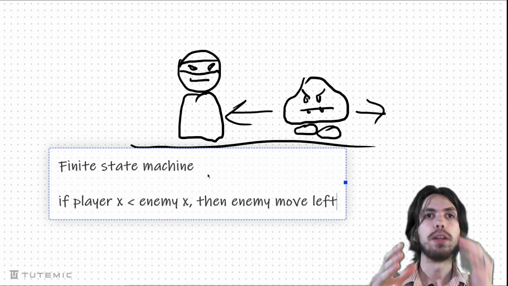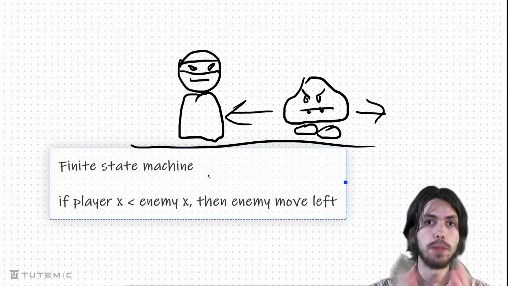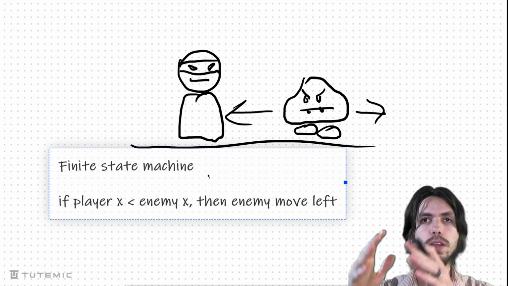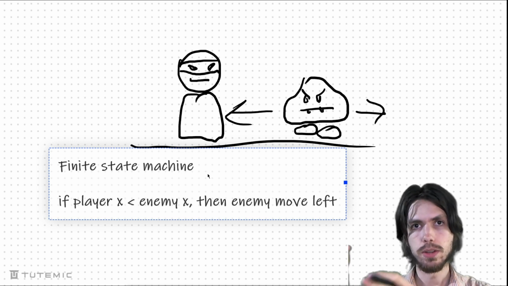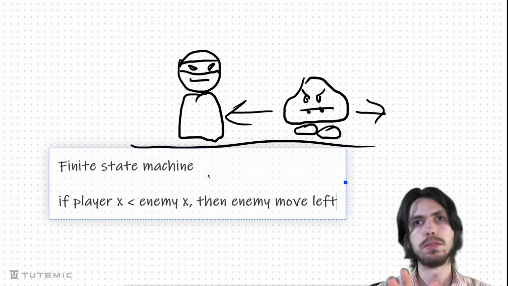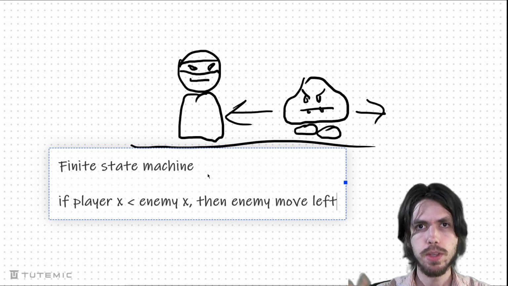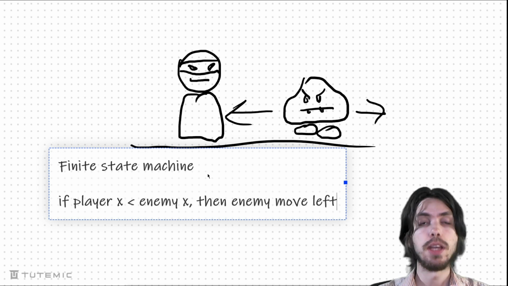So that's the state. When the condition is that the player's X position is less than the enemy's X position, therefore being to the left of the enemy, the enemy is going to be in the move left state, right? And then otherwise, if the player's X is greater than the enemy's X, then the enemy will be in the move right state or something like that. You could simplify it to some kind of state machine in this way.